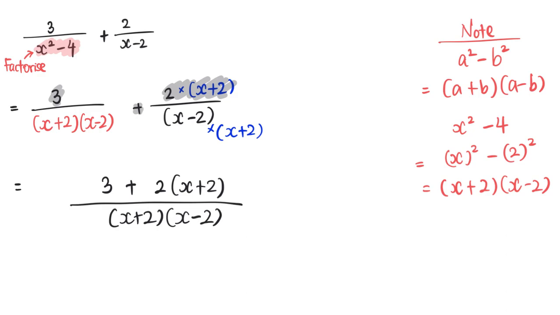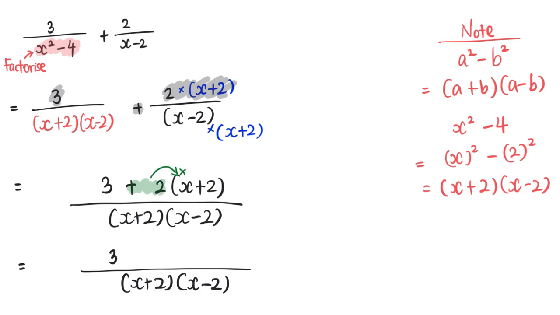Next step is, of course, to expand and simplify the following. I have my 3, and this one will be positive 2 multiplied by x, positive 2x, positive 2 multiplied by 2, positive 4.